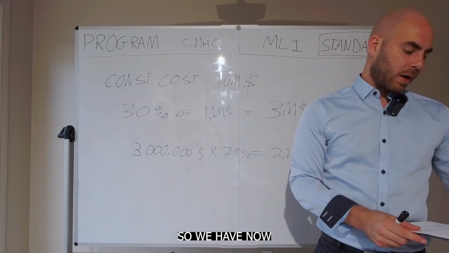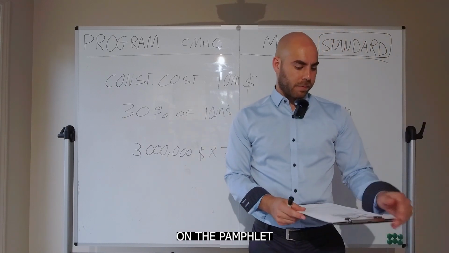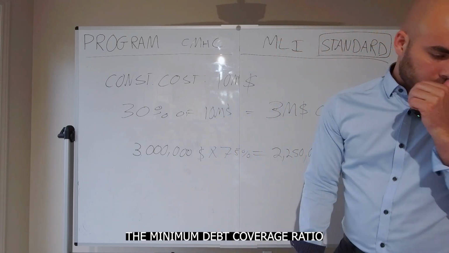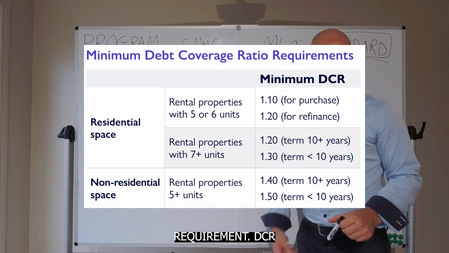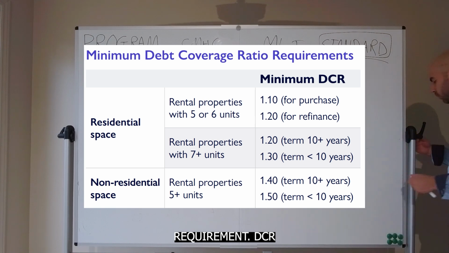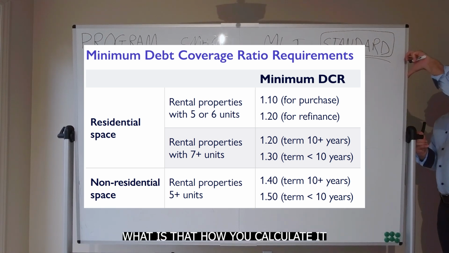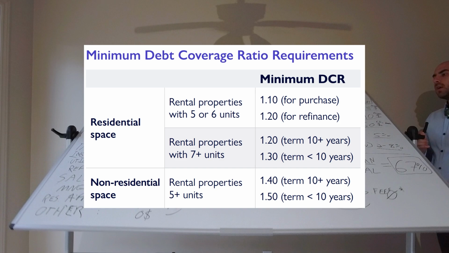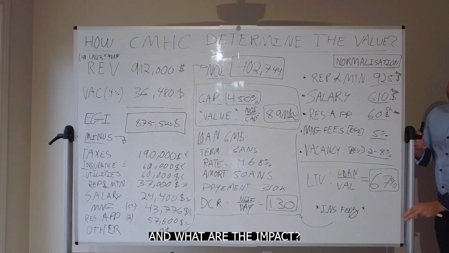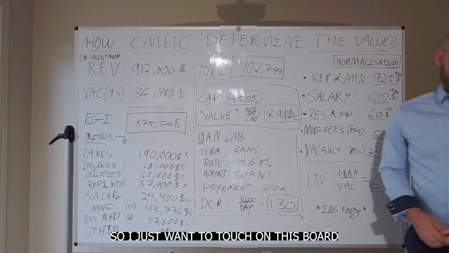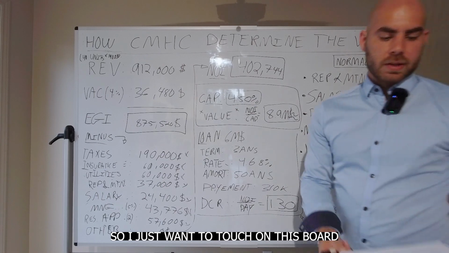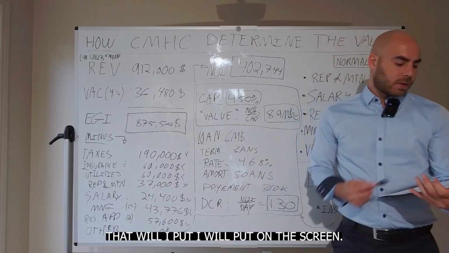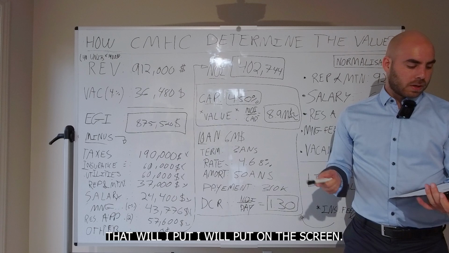So we have now on the pamphlet the minimum debt coverage ratio requirement, DCR. What is that? How do you calculate it? And what are the impacts? So I just want to touch on this board that I will put on the screen.